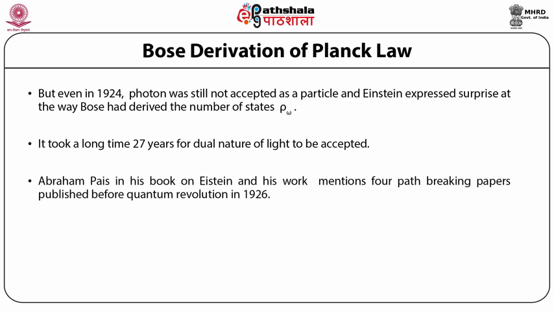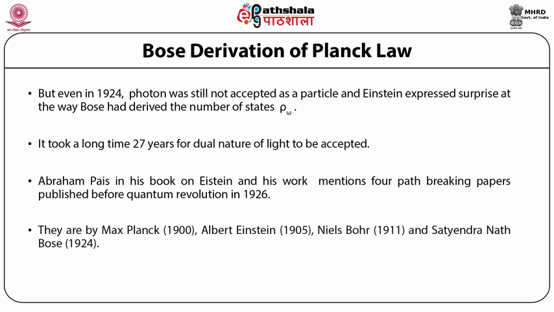Abraham Pais, in his book on Einstein and his work, mentions 4 path-breaking papers published before the quantum revolution in 1926. They are, the first one by Max Planck in 1900, then on the photoelectric effect by Albert Einstein in 1905, then Bohr's derivation of the energy levels in 1911, and that of Satyendranath Bose in 1924, deriving Planck's law.